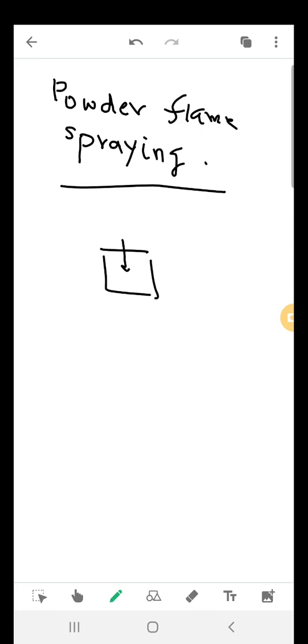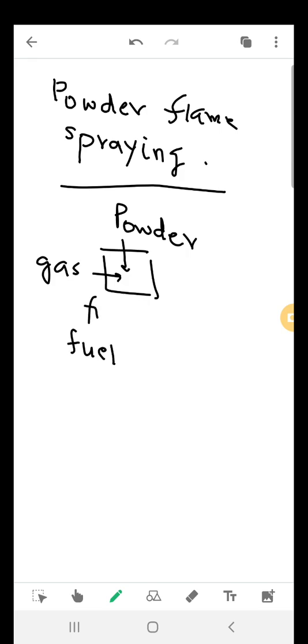This is where the powder of the material to be coated is fed, and we have a high velocity gas injected, and we also have a fuel gas. There are three things: the powder precursor, a gas, and fuel gas. So there is some sort of combustion, and there is a nozzle here.